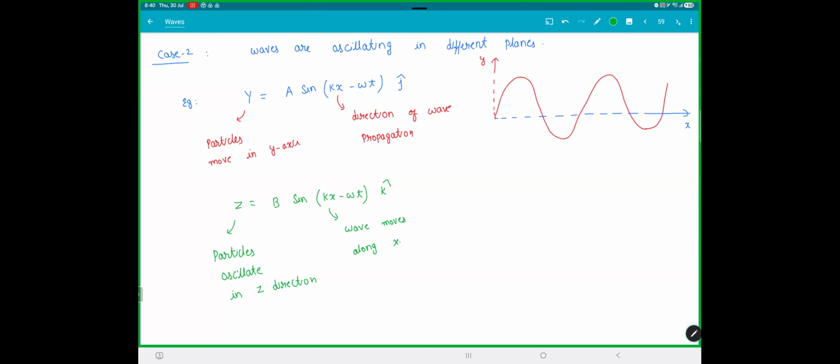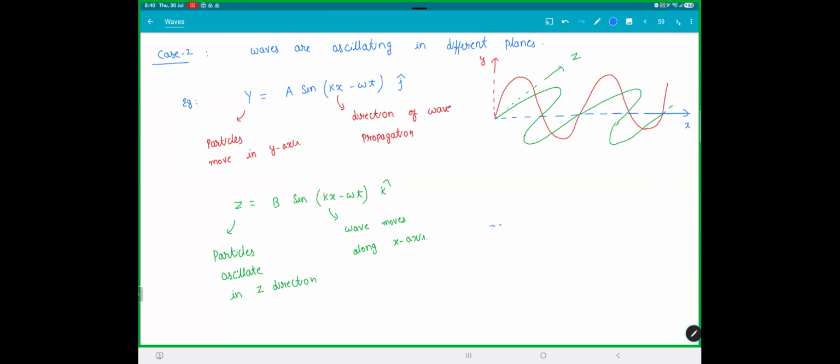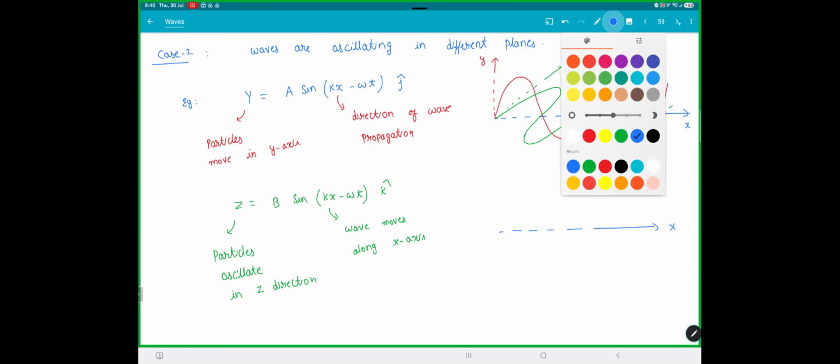The wave moves along the x-axis. That means if I combine this, this is how the green one looks. See, that is your z-axis. Now, if you combine both of them, so one guy is pushing you in the y direction, the other guy is pushing you in the z direction, you'll get a wave.